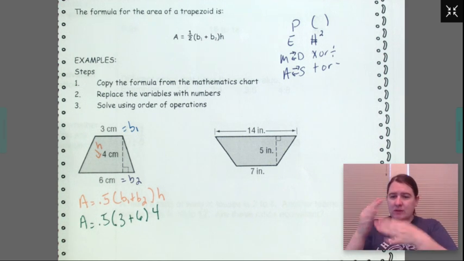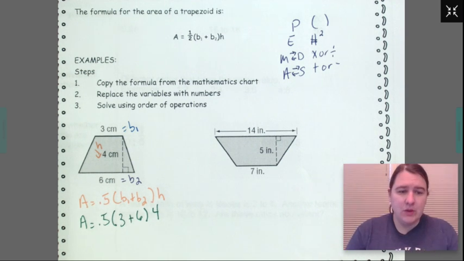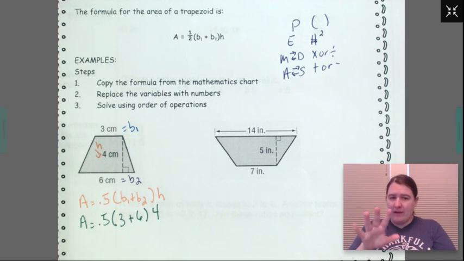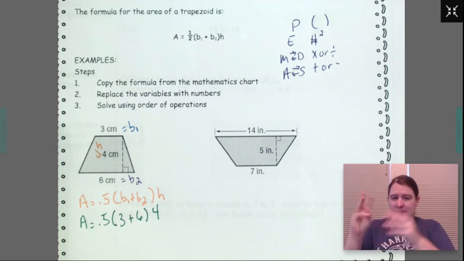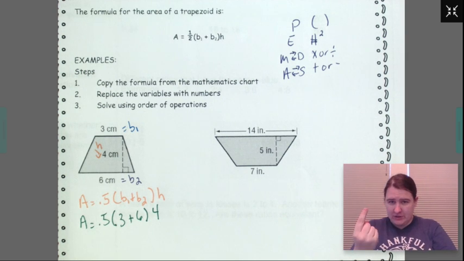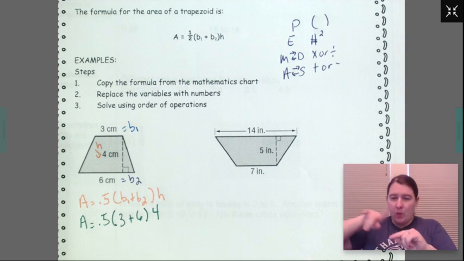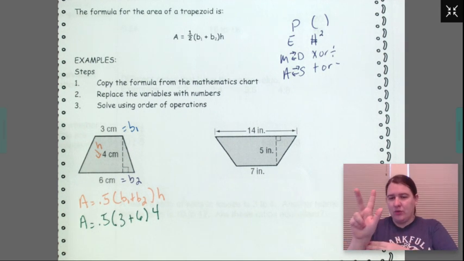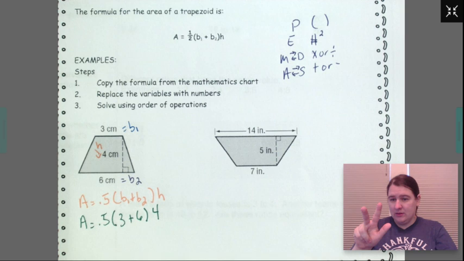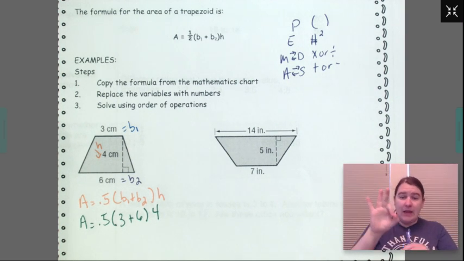We have multiply or divide, whichever comes first, and we're going to add or subtract, whatever comes first. So we have 0.5 times 3 plus 6 times 4. Okay, I see parentheses, I need to do that first. And inside my parentheses, we need to add 6 plus 3. What is 6 plus 3? 9.